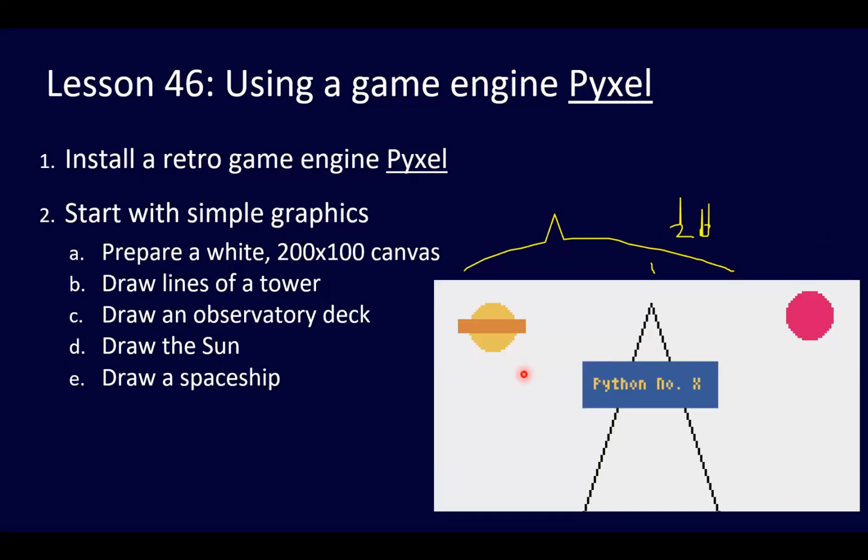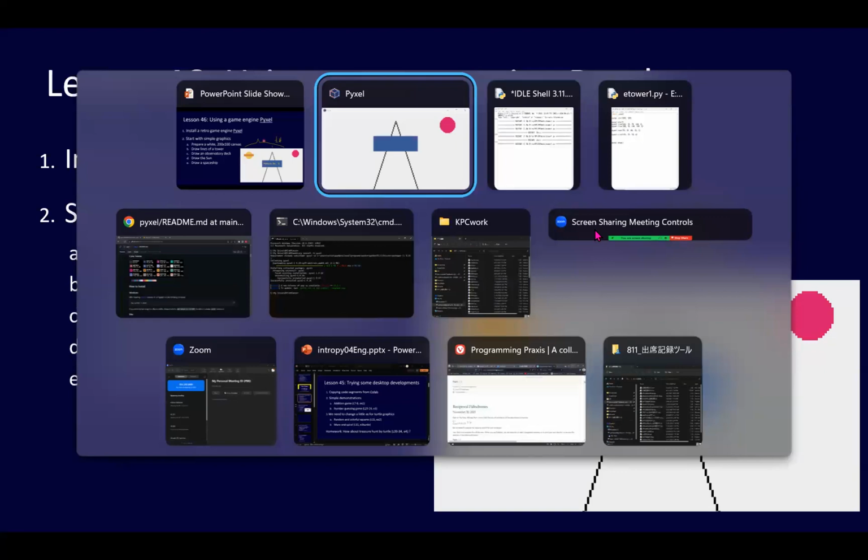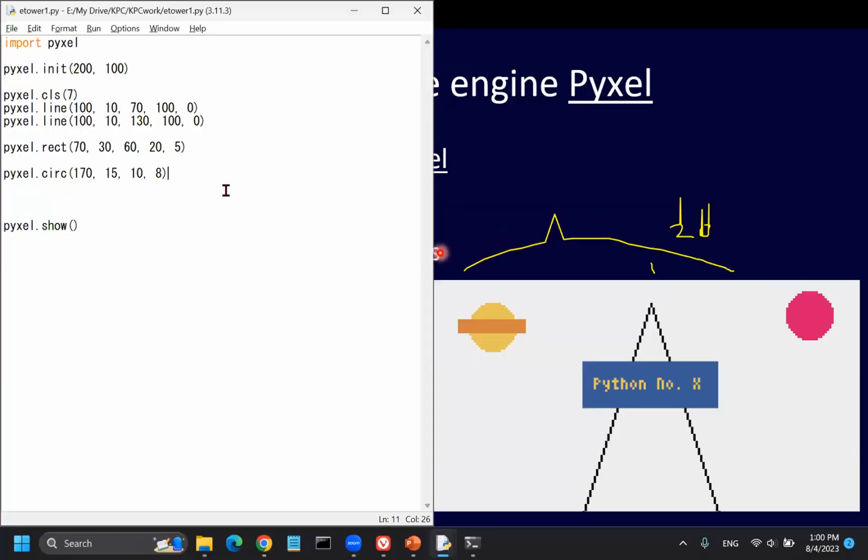Draw a spaceship like this. Okay, this can be drawn by circle plus maybe rectangle. Okay, let's anyway do this.